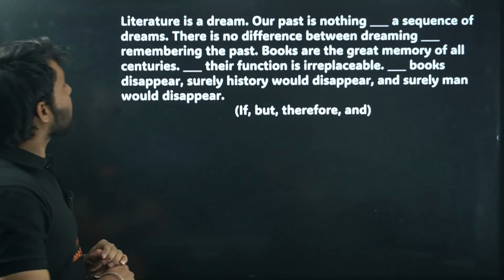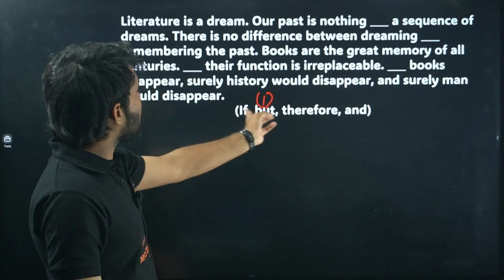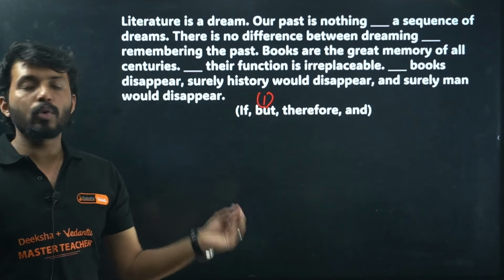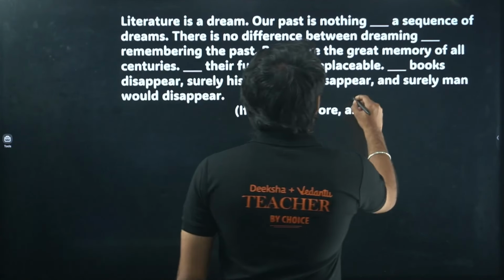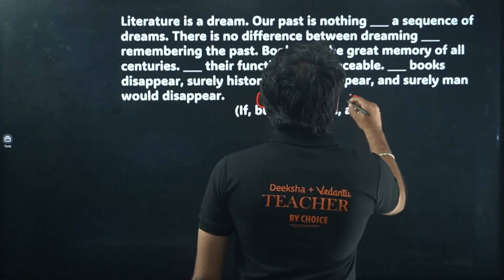Nothing but, it's a phrase most commonly used. So our past is nothing but a sequence of dreams. There is no difference between dreaming, dash, remembering the past. So what do I use? Among the linkers given, the most suitable one would be "and". So between dreaming and remembering the past.